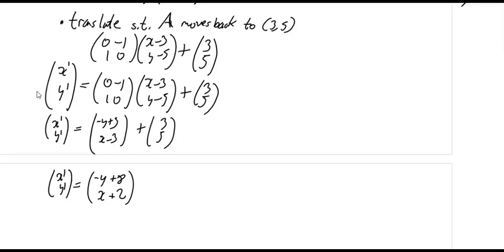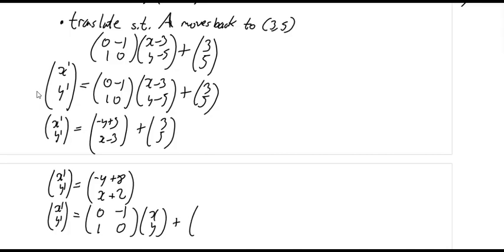Now this is strange, but this happens every single time. You could rewrite this as (0, minus 1, 1, 0) upon (x, y), plus the column vector (8, 2). So notice that's my rotation matrix that I used, and then this bit is just whatever these numbers are, 8 and 2.